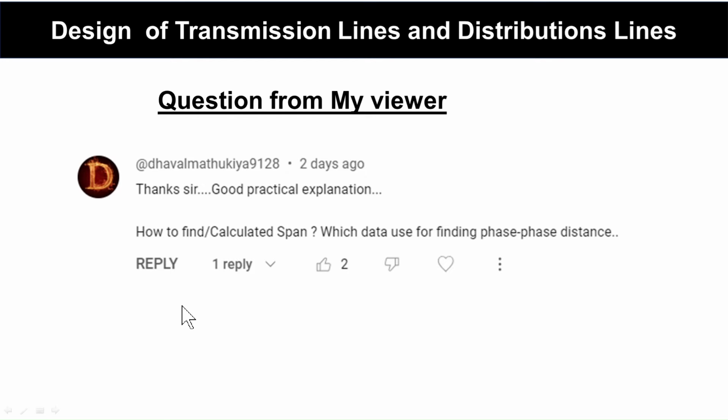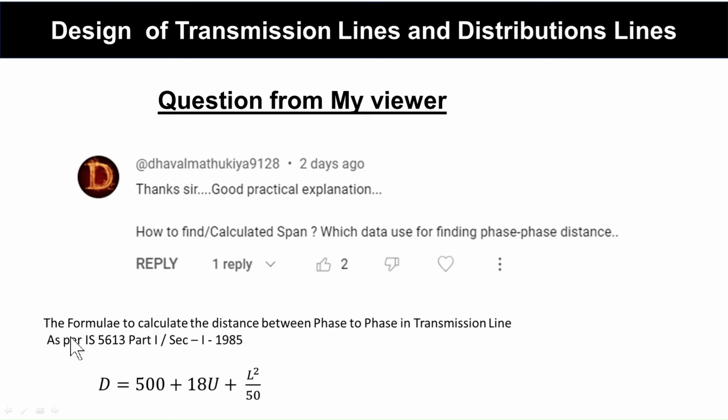In the previous lecture, we have taught you a formula as per IS 5613 Part 1 Section 1 1985. As per the formula, D, that is the phase to phase distance, equals 500 plus 18U plus L square divided by 50, where as per this formula the phase to phase distance between lines depends on two variables.